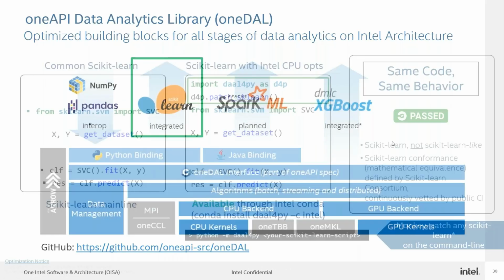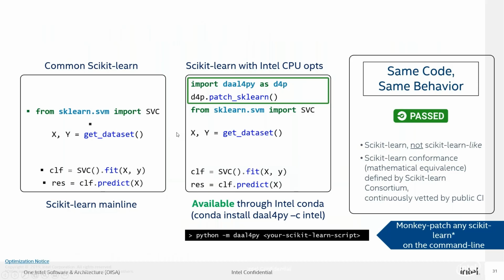Okay, so the optimization that we have for scikit-learn is at the low level. So from the high level user interface, there's no change to the scikit-learn API.